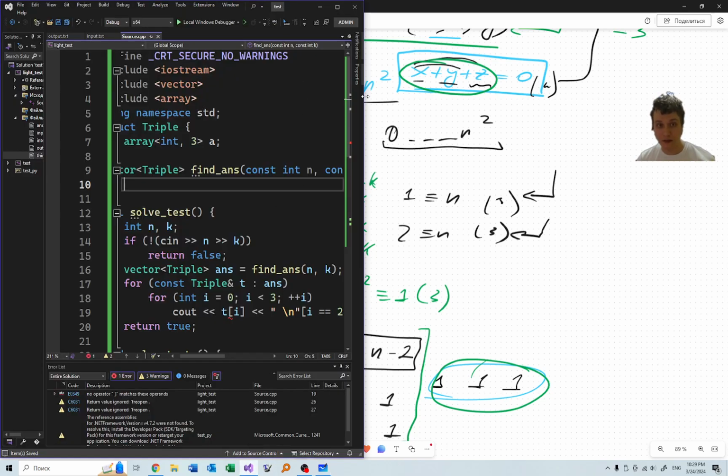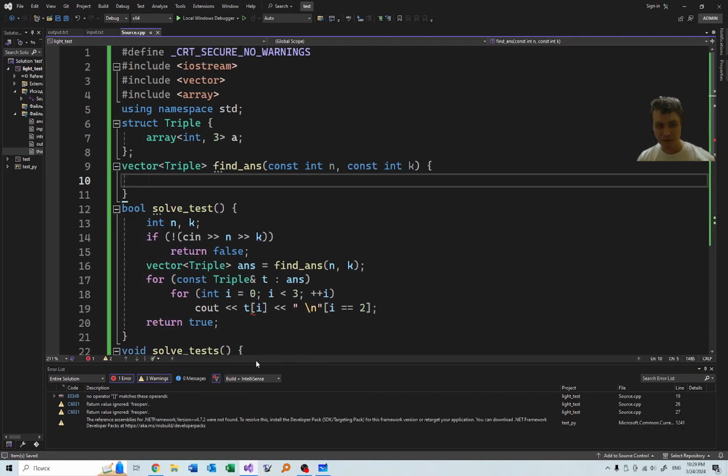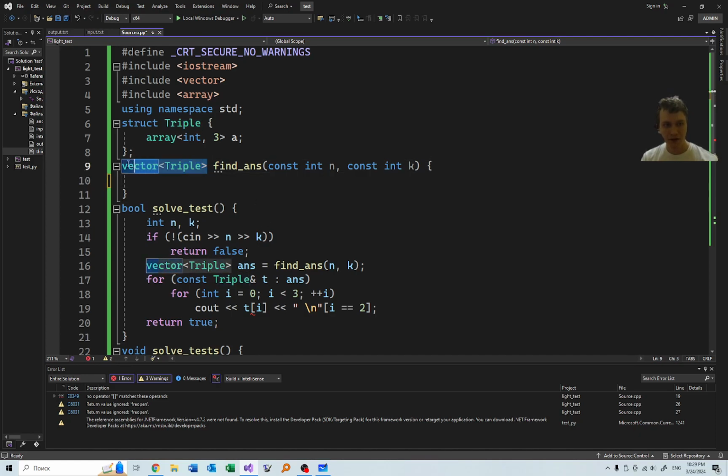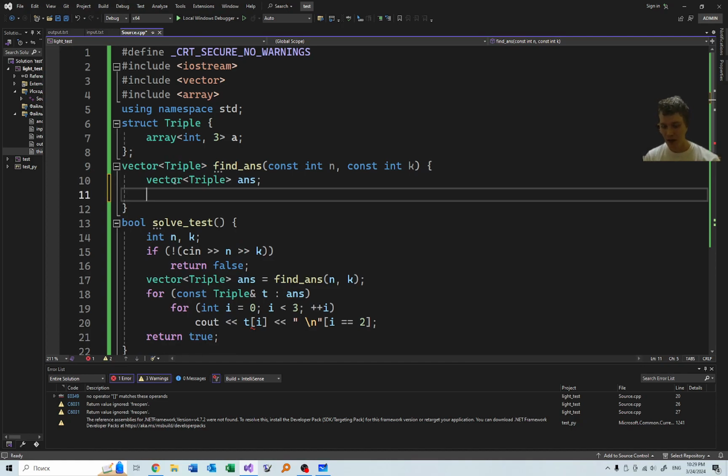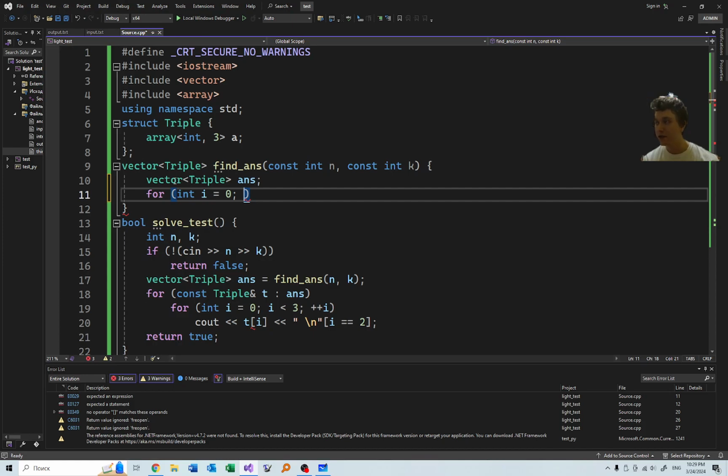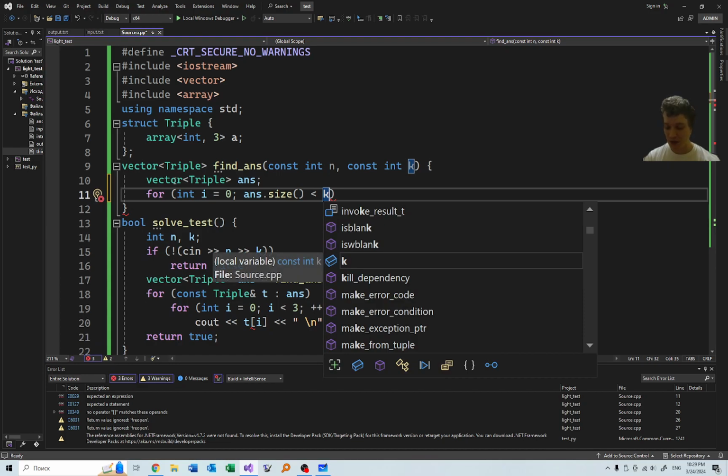I think that's it, actually. Okay, let's make the most basic solution. So we have vector triple ans. And the condition to stop is simply ans.size is equal to k.